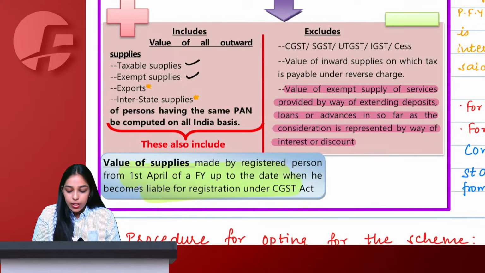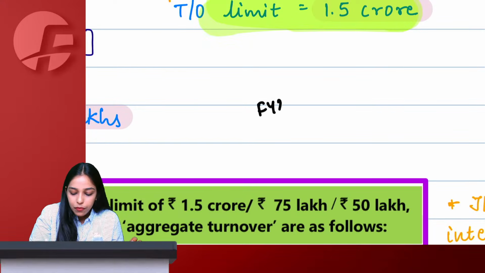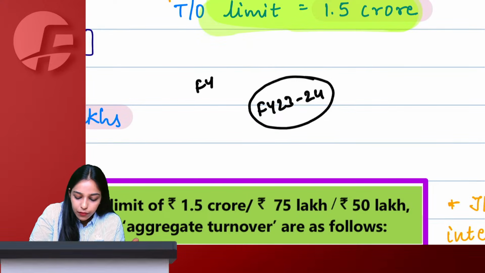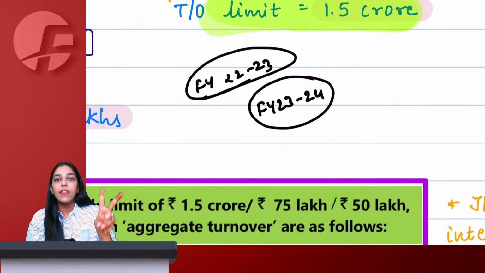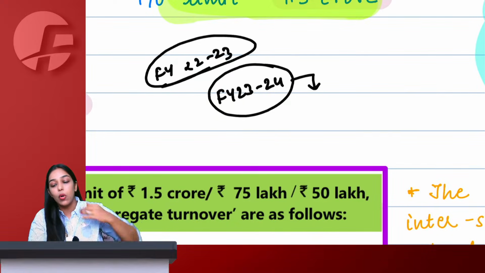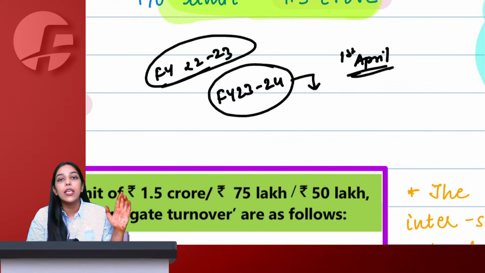Now what they are saying here is, understand, in the preceding financial year, anyways I have to see. Let's say from FY 23-24 I want to opt for composition scheme, then of course for FY 22-23 my turnover should be up to 75 lakh, 1.5 crore or 50 lakh, whatever is applicable. But in the current financial year, FY 23-24 also, starting from 1st April, I will have to keep checking my aggregate turnover.